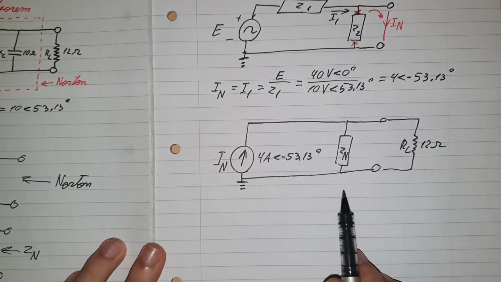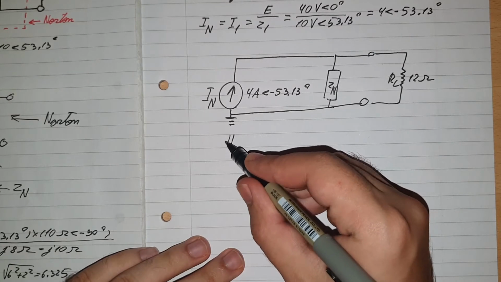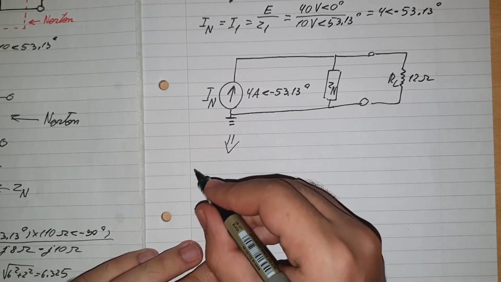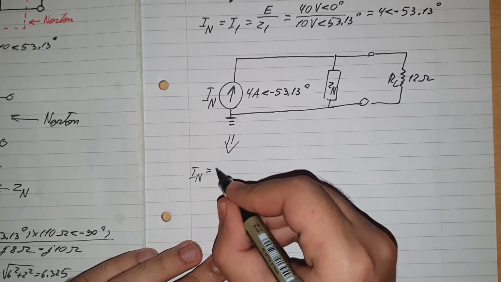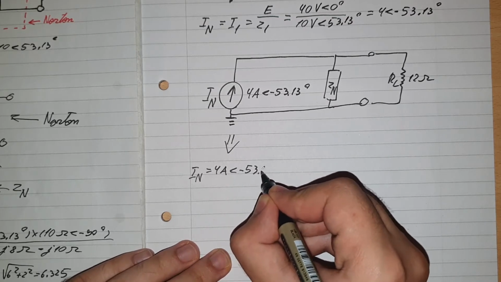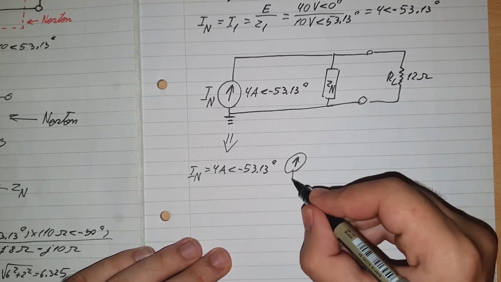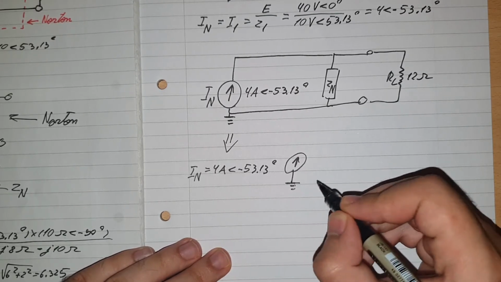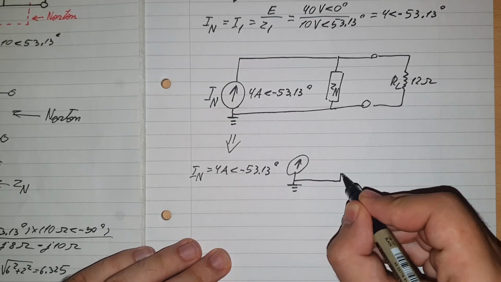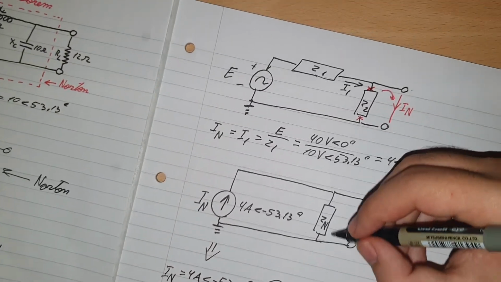And to write this one in form of components, we simply need to do this. IN would be equal with 4 amps at an angle of minus 53.13 degrees. Here is the current source, here is the ground, okay, and then a capacitor, because it's a value of minus, oh, I forgot to write it here.